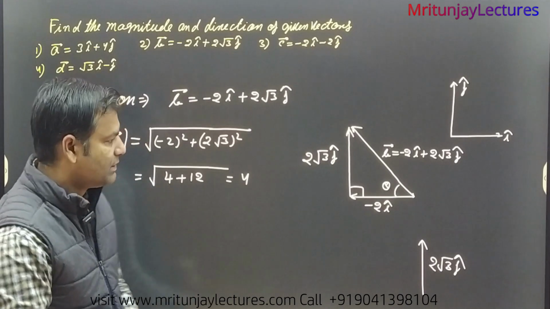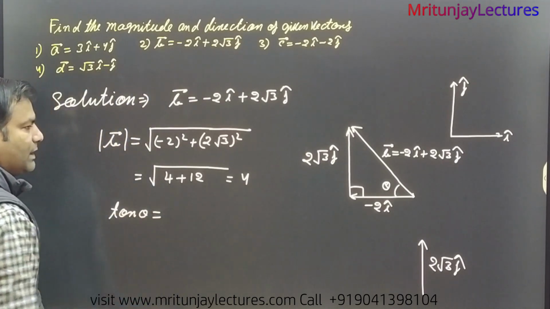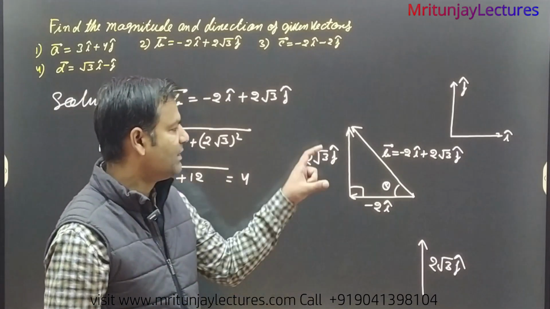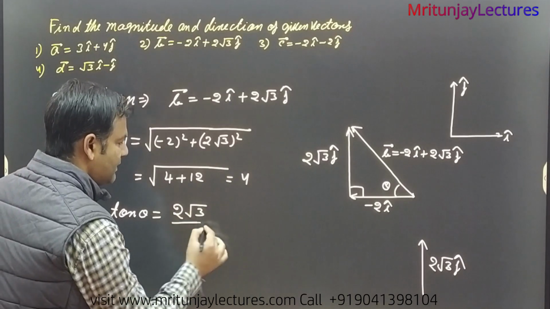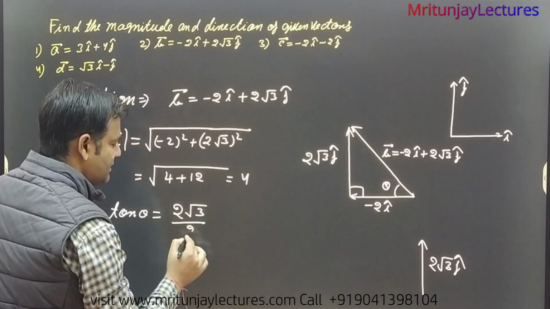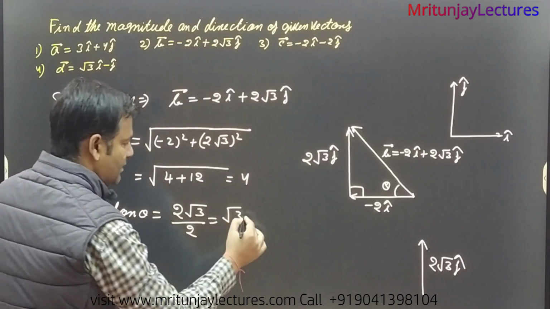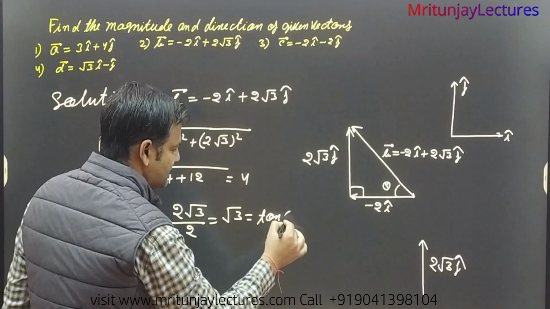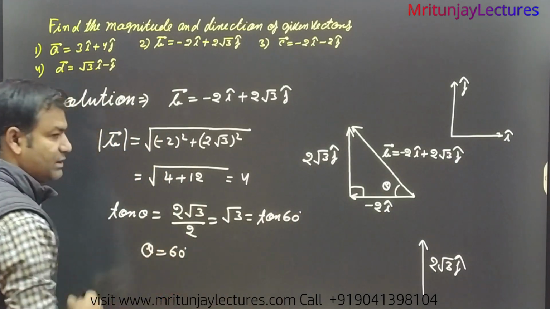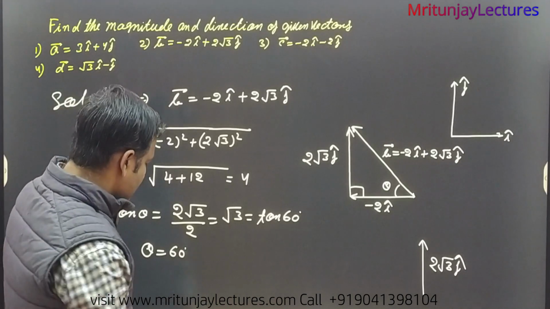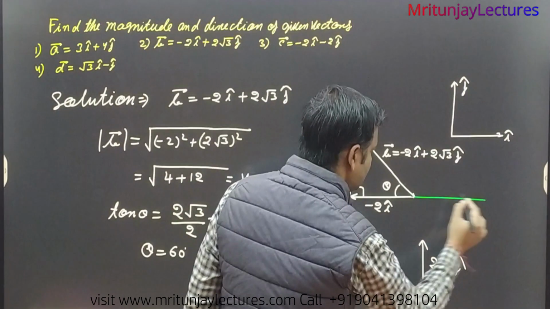What about direction? tan theta is 2 root 3 divided by only the magnitude, that is 2. So that is root 3, and tan 60 is root 3. So you can say theta is equal to 60 degrees. But our motto is to always count the angle from the x-axis.